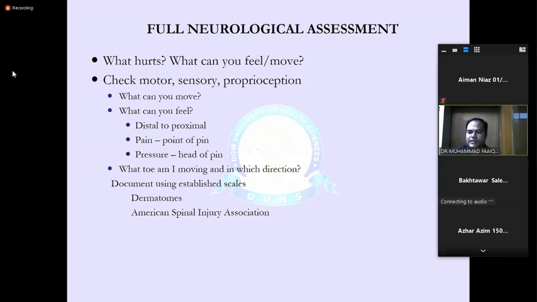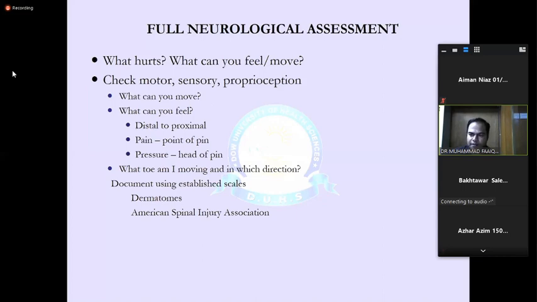After doing A, B, C, D, E, you start your relevant examination. If the patient has spinal injury, you first assess with a brief neurological examination. And if it is confirmed that the patient has some sort of spinal cord injury, then you go for a full neurological examination.